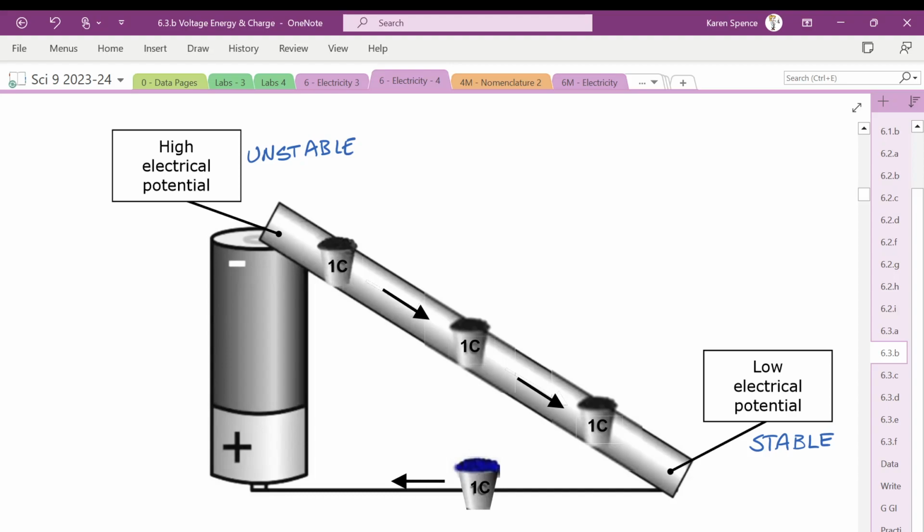Do you remember why the electrons are unstable up at the negative terminal? At the negative terminal, the electrons are unstable because, see if you can remind your neighbor.